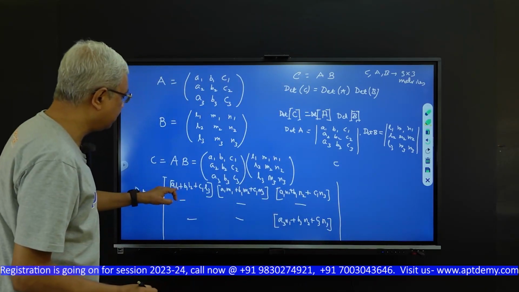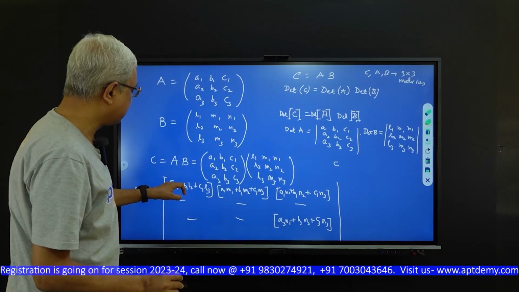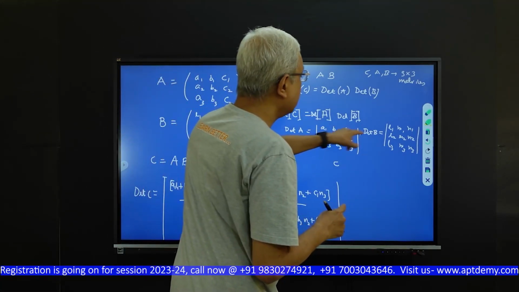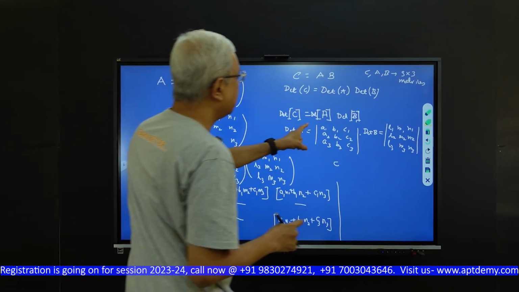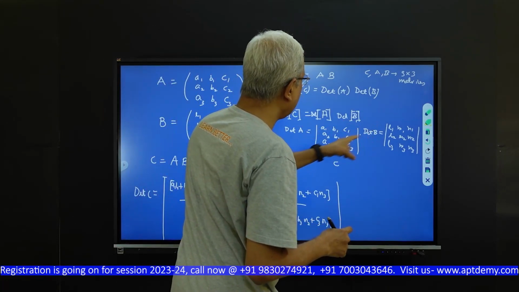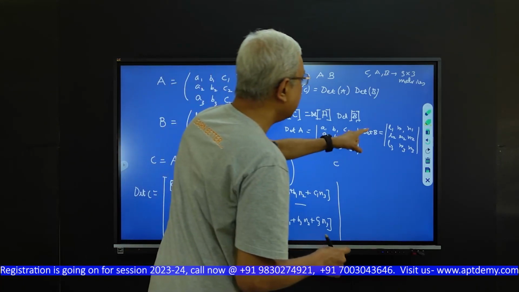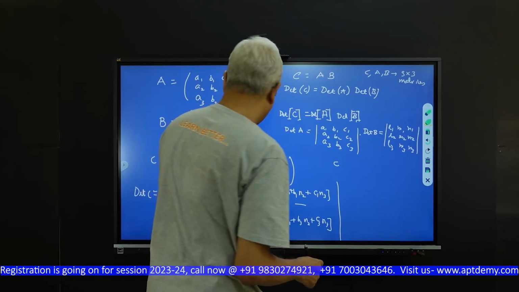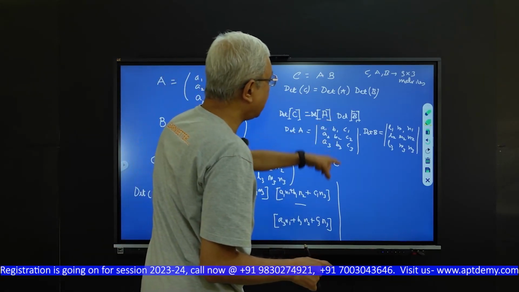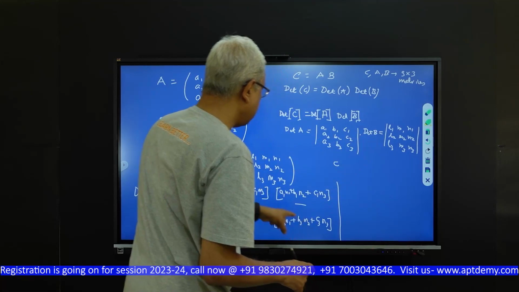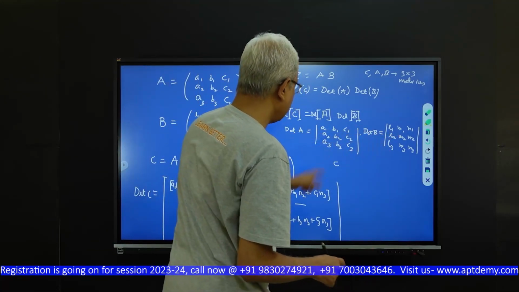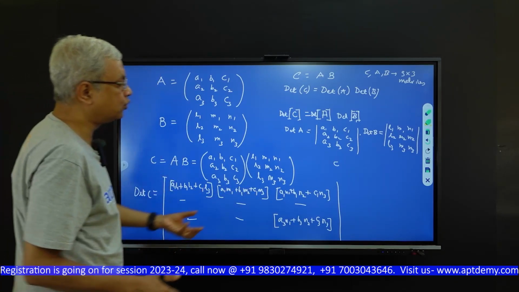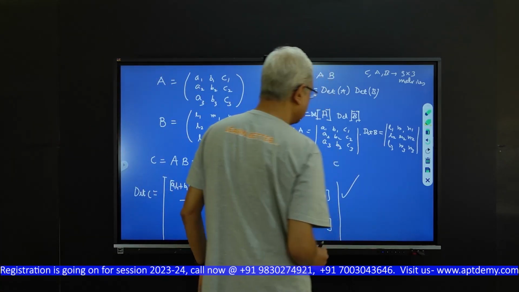The first row, first element will be A1 L1 plus B1 L2 plus C1 L3. First row, second column is A1 M1 plus B1 M2 plus C1 M3. And first row, third column element will be A1 N1 plus B1 N2 plus C1 N3. Something like that.